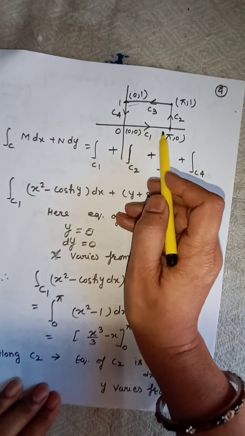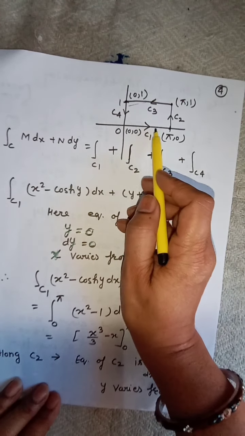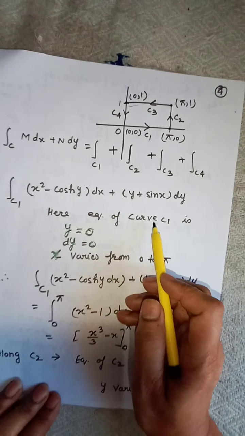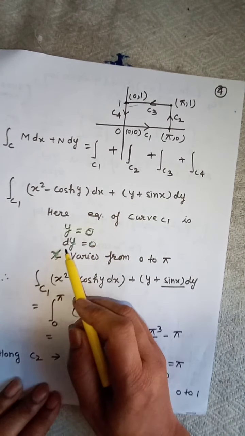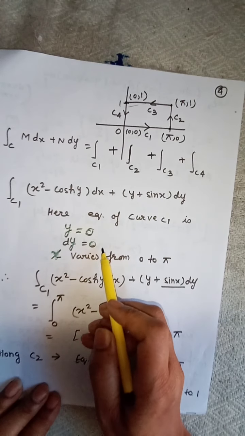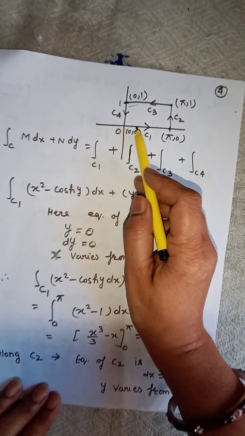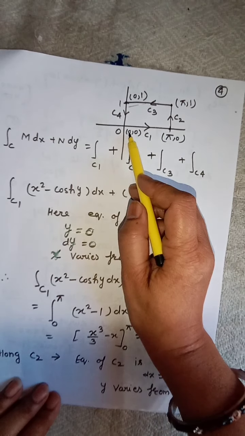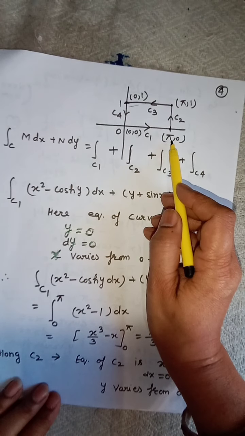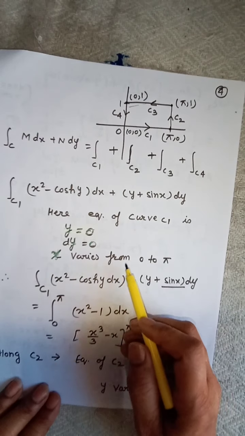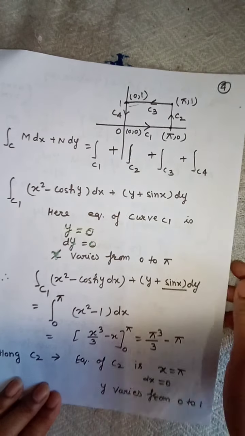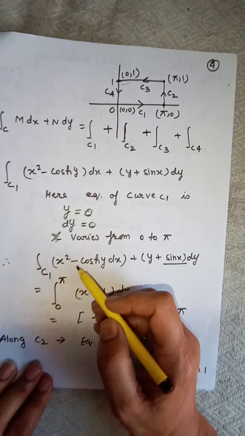See, this is the x-axis, and on this axis y is 0. Now y is equal to 0, so we have dy equal to 0. Now look at the curve C1. Here x varies from 0 to pi. So our limit is 0 to pi.